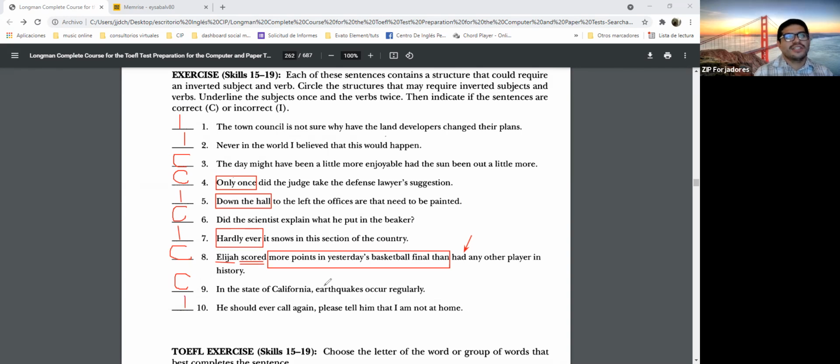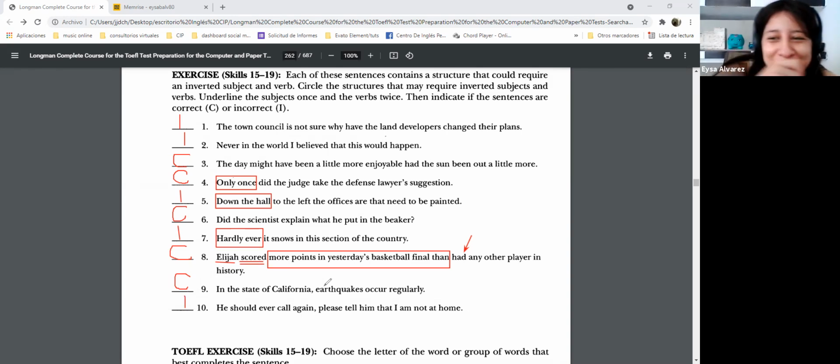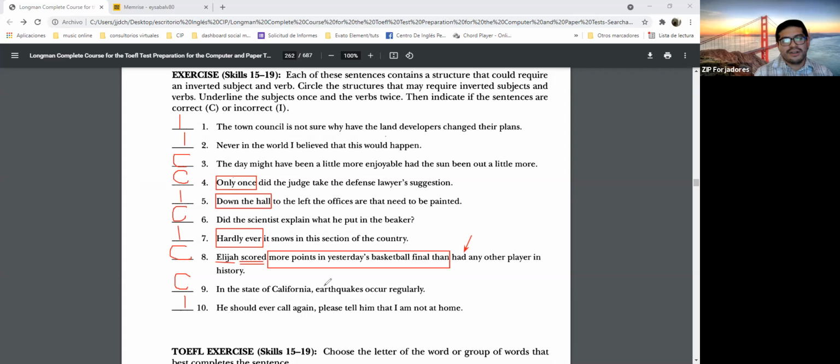All right, so tell me again, skills 15 to 19, the titles. We have the first one with questions. We are talking about inverting the subject and the verb. Invert subject and verb in questions.